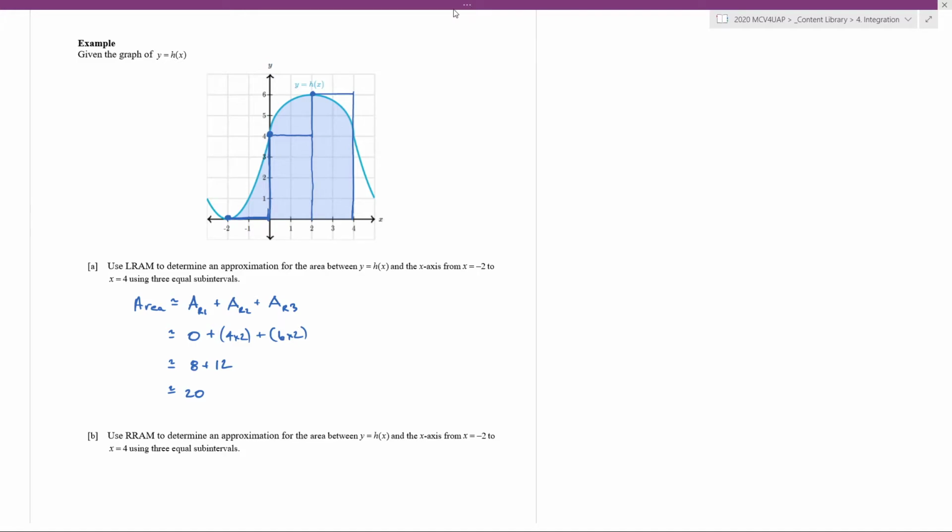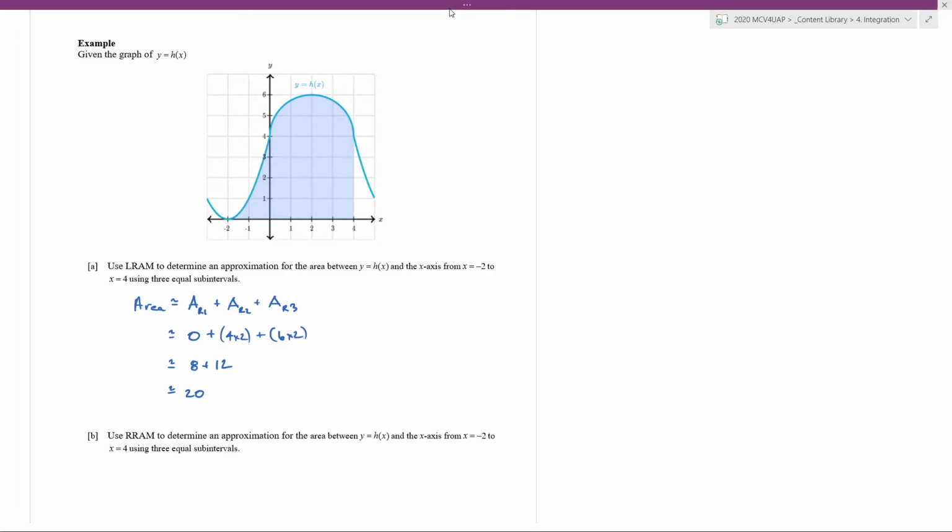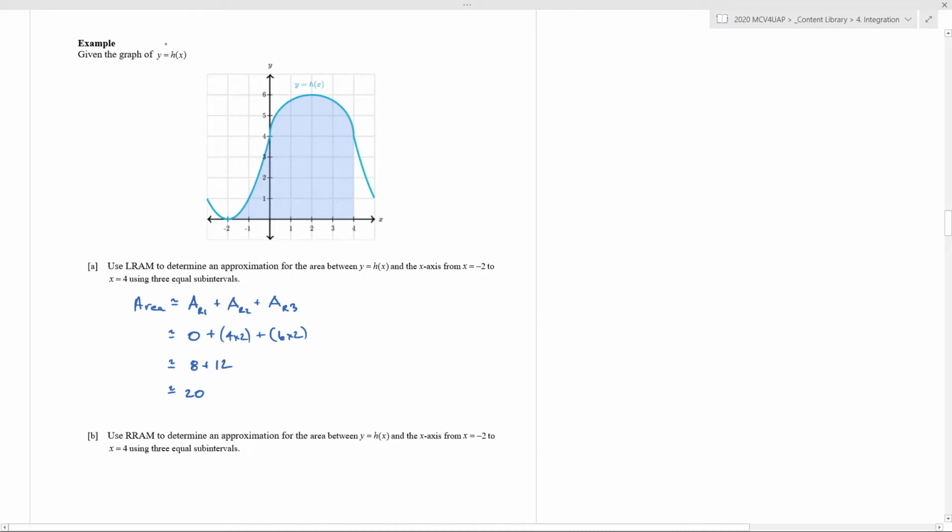Now if I erase that and go through the exact same process, except now I'm going to use the top right-hand corner of each rectangle that I form as the height. Then I will have the first rectangle that looks like this.